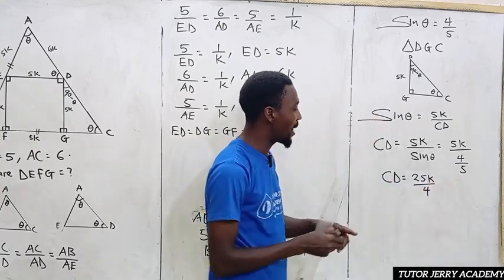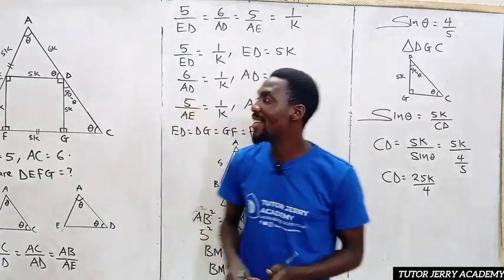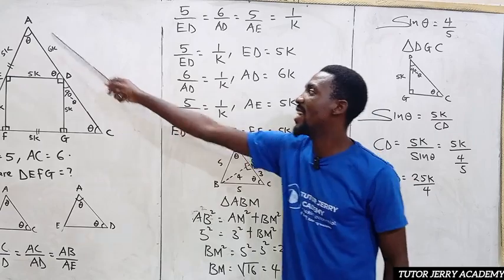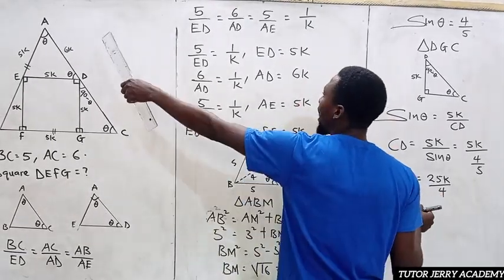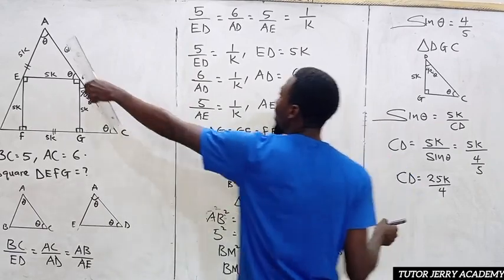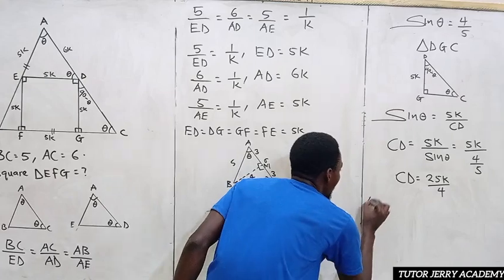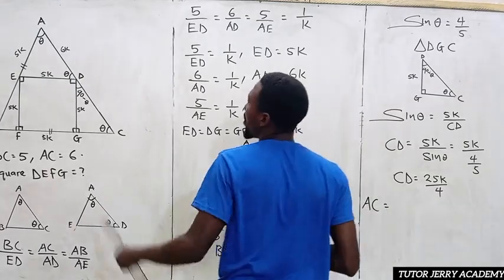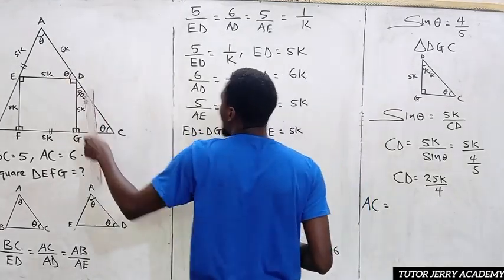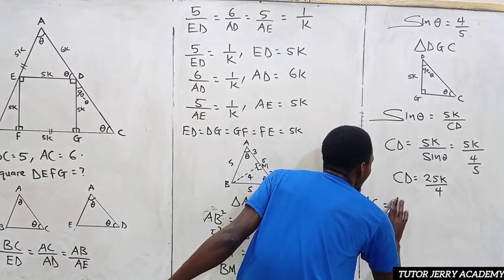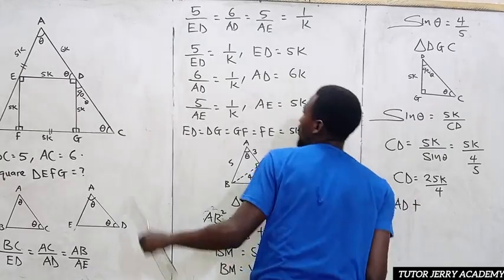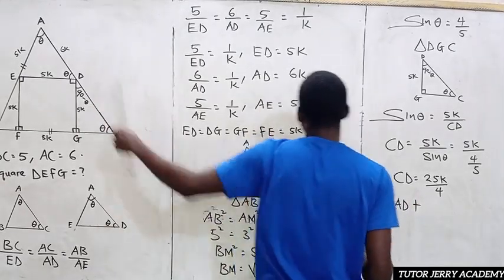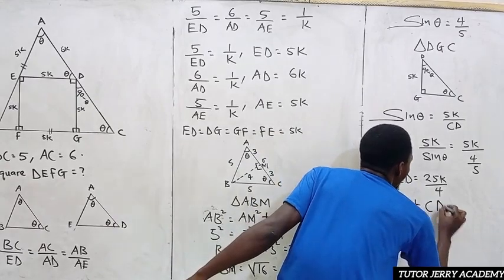All right. Now that we have gotten our CD, let's go back to length AC from triangle ABC. We know that our AC is equal to AD plus CD or DC, anyhow.